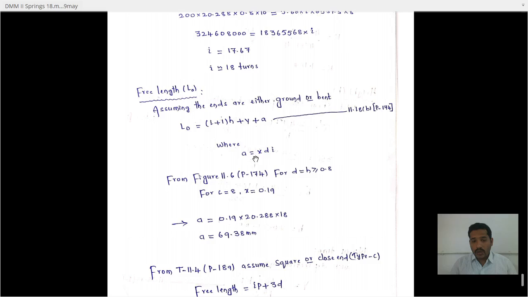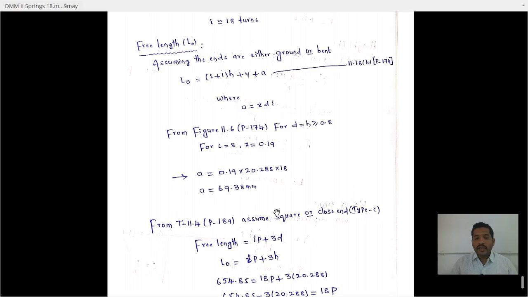So A equals X. X we got is 0.19, into D value, which we got as 20.288, into the number of turns, which is 18. After getting this, just multiply these terms, and you will get A equal to 69.38 mm. That is the value of clearance between the coils.